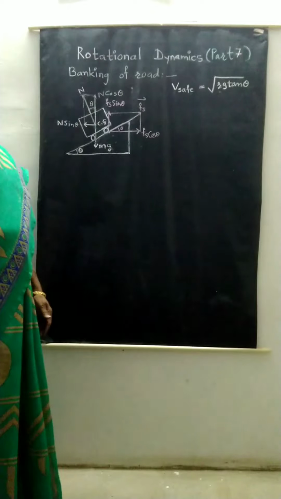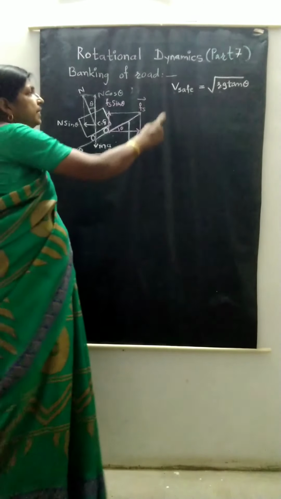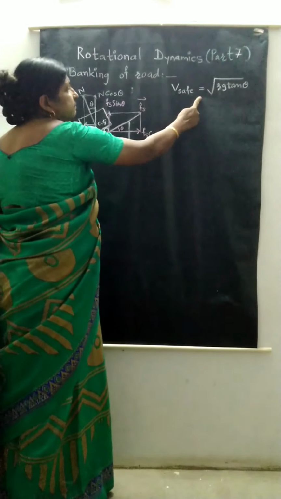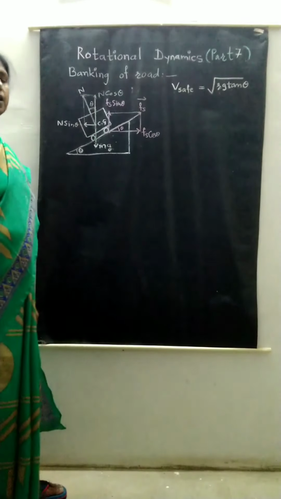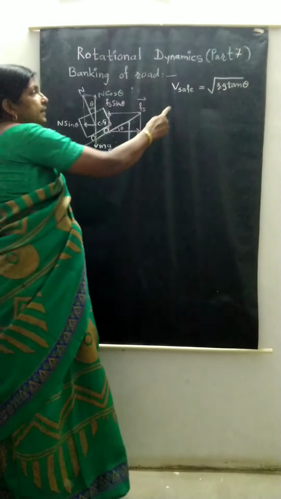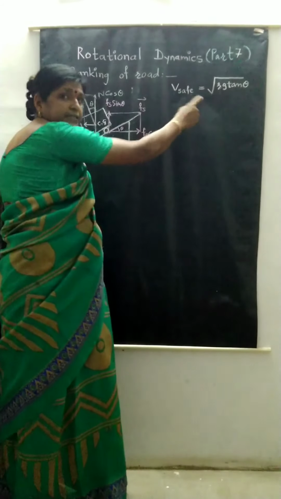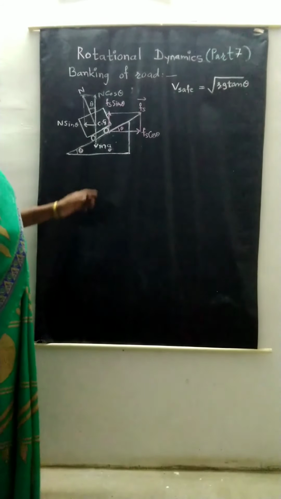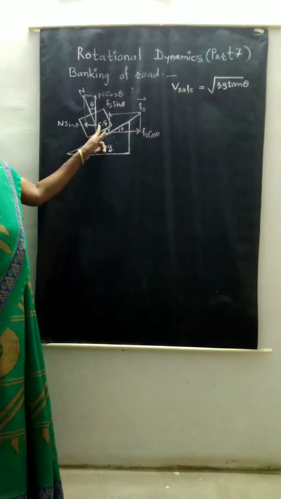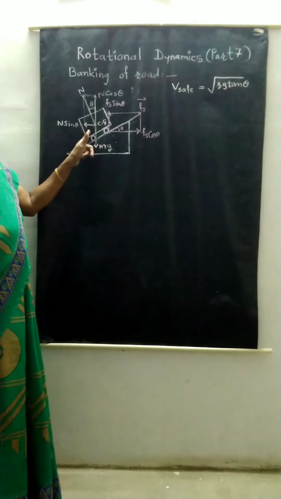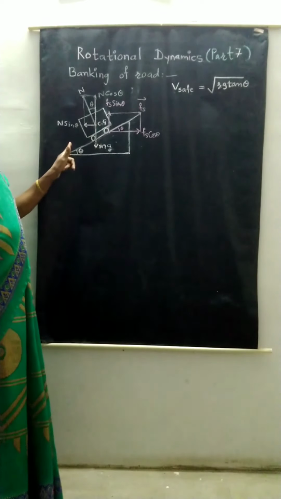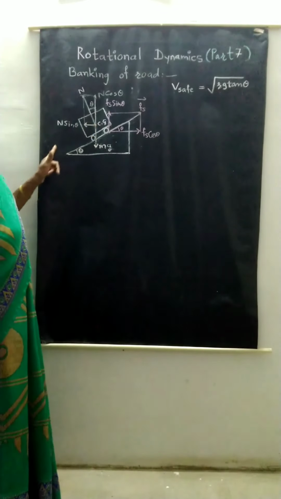The most safe speed is given by v safe is equal to under root rg tan theta. If the speed decreases below this value, then the vehicle on this bank road has a tendency to slide down towards the center of the circle.